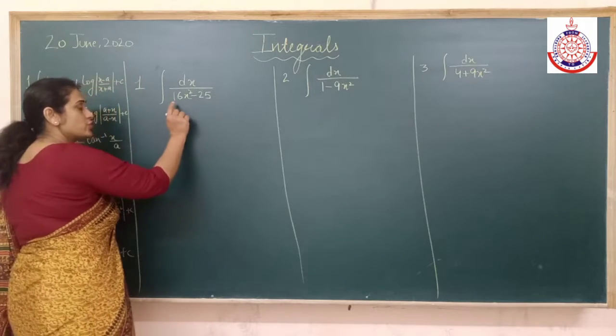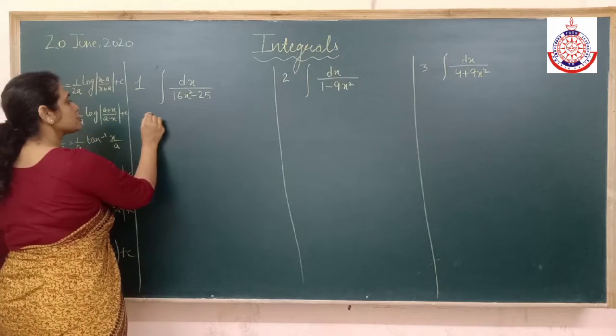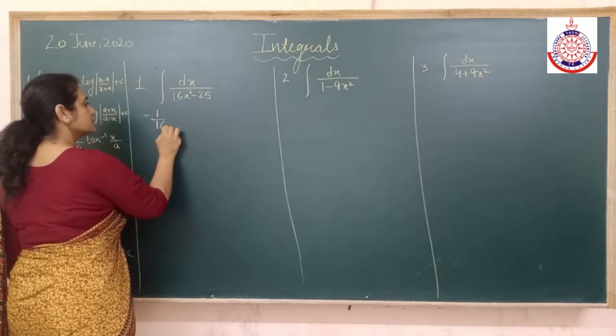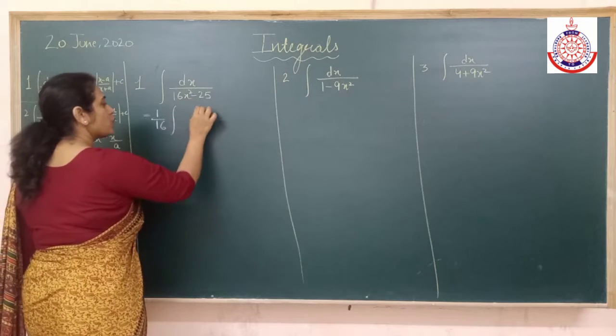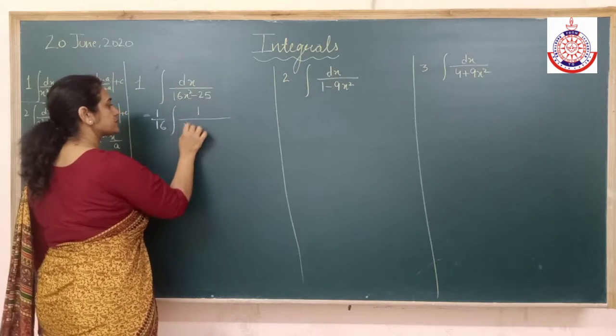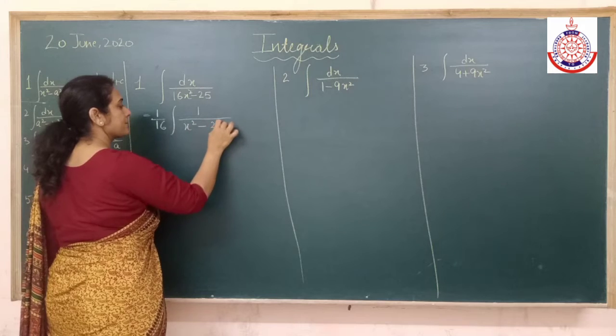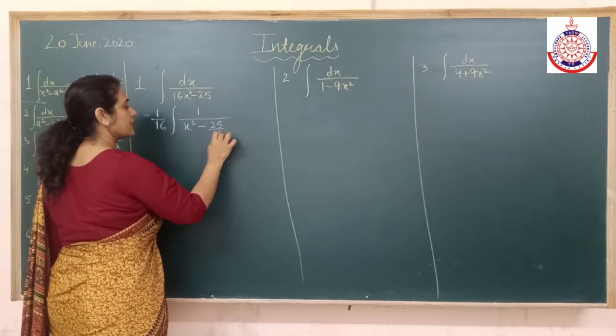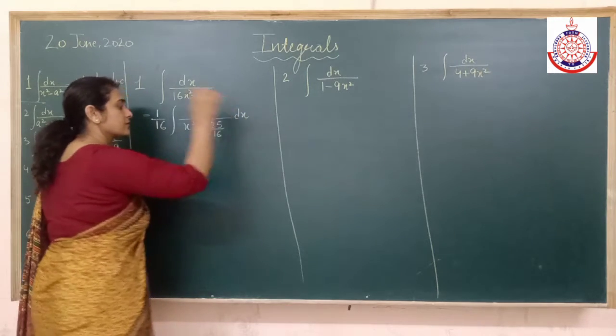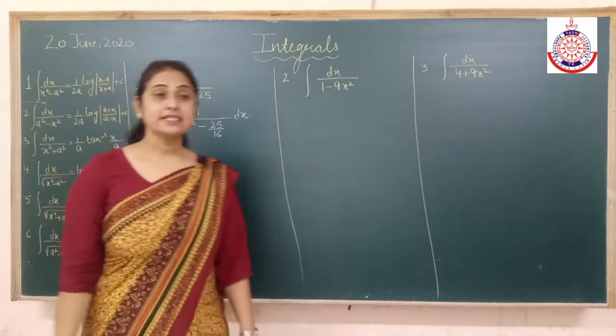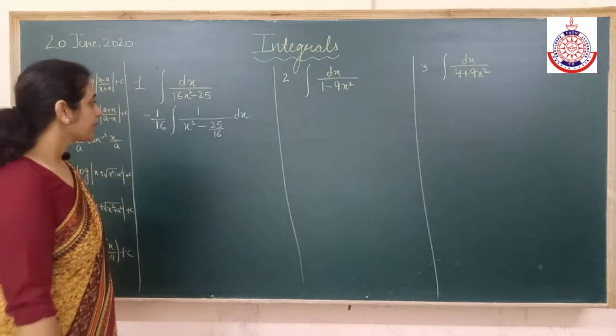So what am I going to do? I am going to take this 16 out. And what is left inside? x square minus 25 by 16.